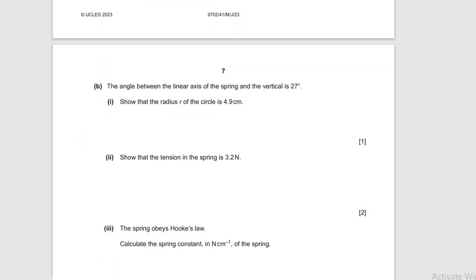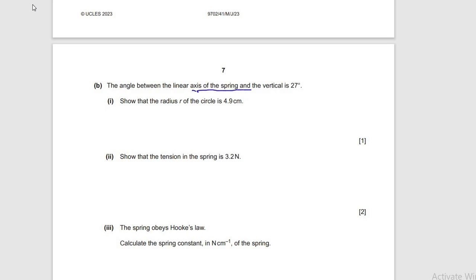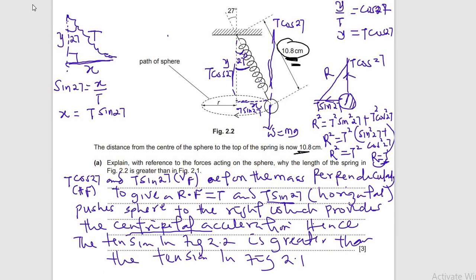The second question, B. The angle between the linear axis of the spring and the vertical is 27. You know that. Show that the radius R of the circle is 4.9. Let's go back to the diagram. Look at the diagram.